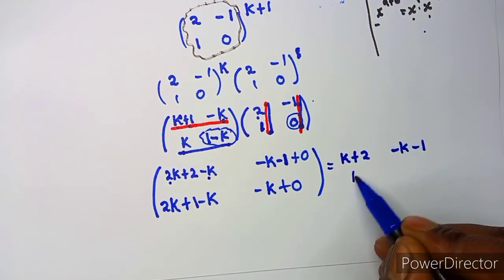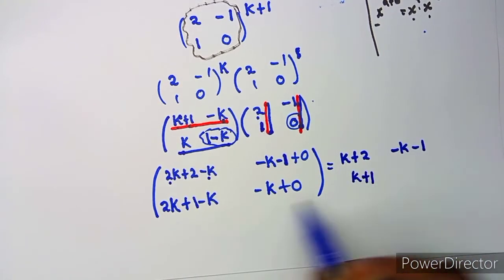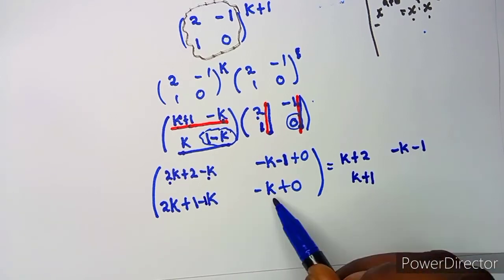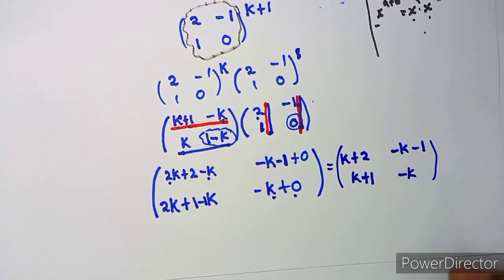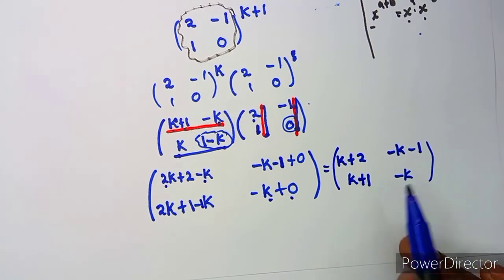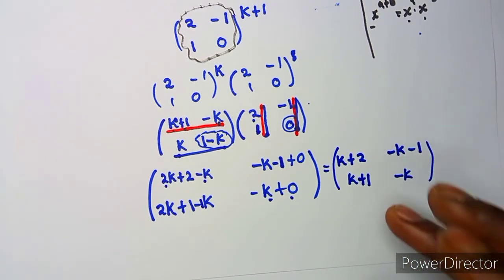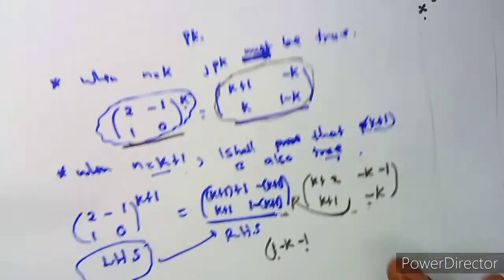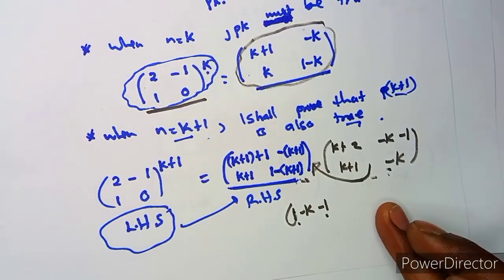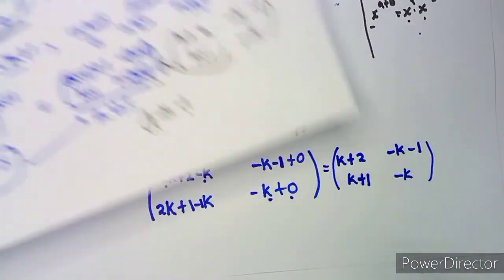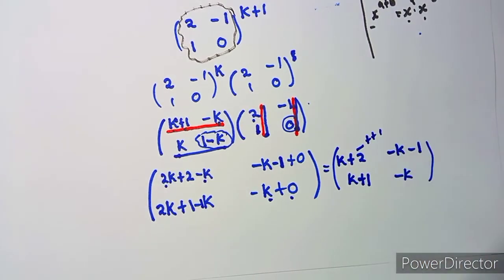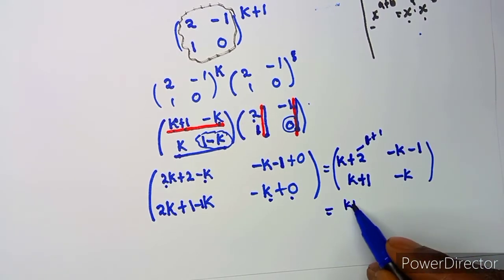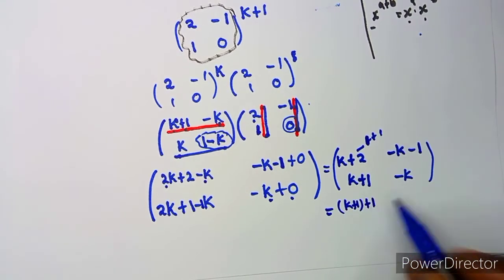Then 2k minus k, which is k plus 1 in this case, and minus k plus 0, that's minus k, because there's nothing that you're adding here. So if you cross check, this matrix that you have and this matrix that you have are the same. Actually, what happened here on this 2 was just written as 1 plus 1. So it's one and the same thing, k plus 1 plus 1.